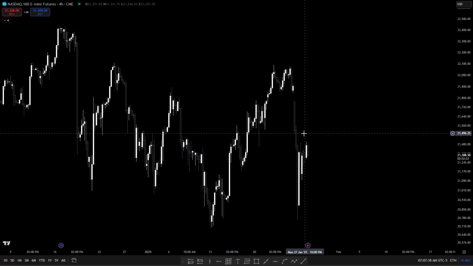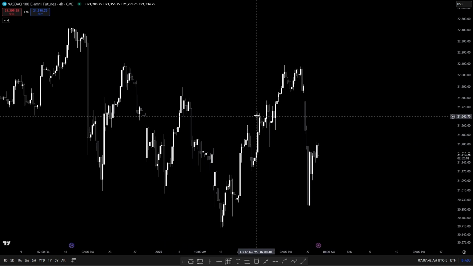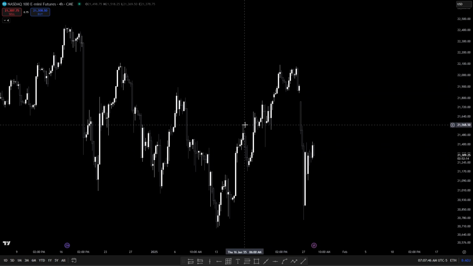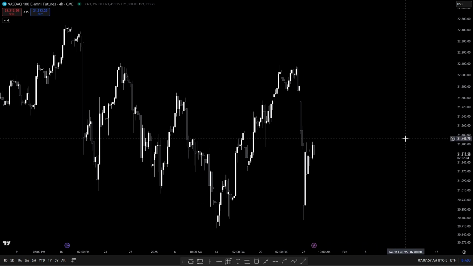So finding the draw on liquidity. Finding the draw on liquidity is literally the most important thing that you need to do before even thinking about taking a trade. The draw on liquidity is the frame of your trade. It is the framework. It is everything.